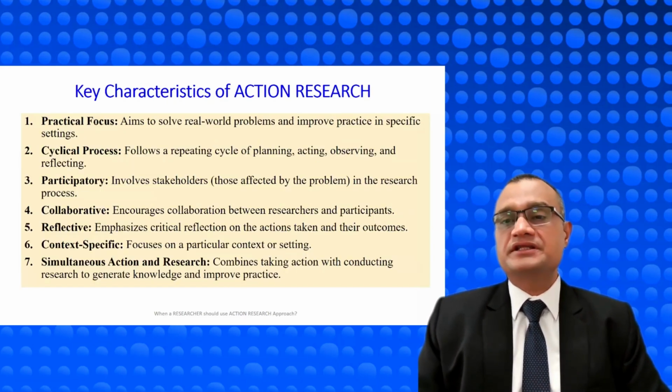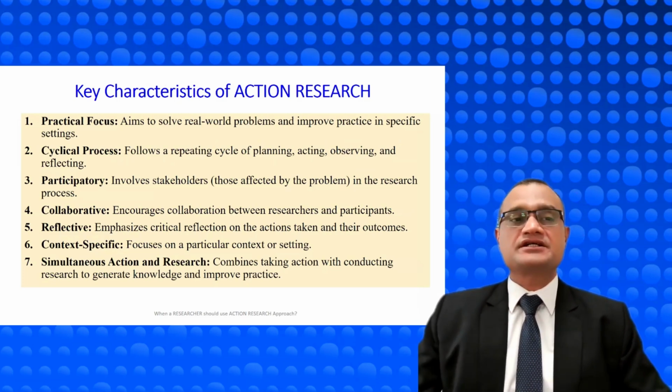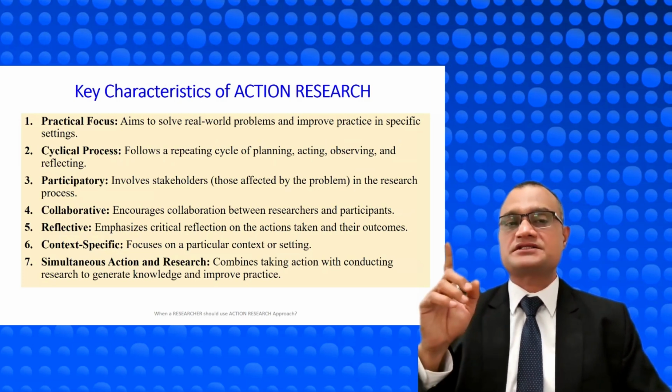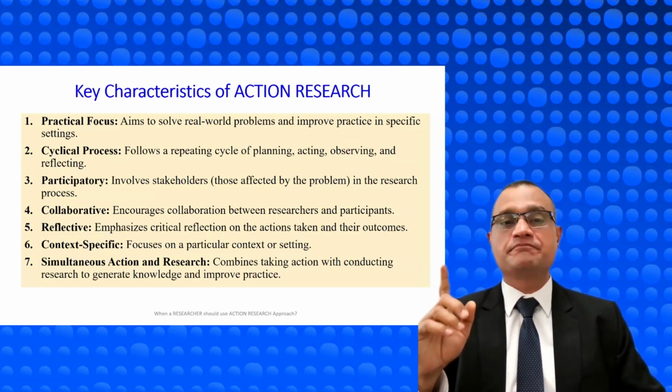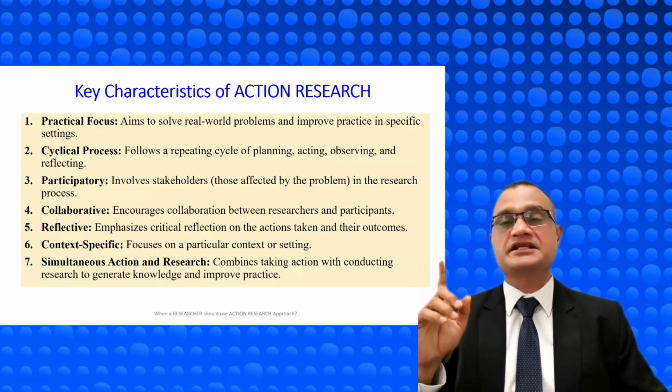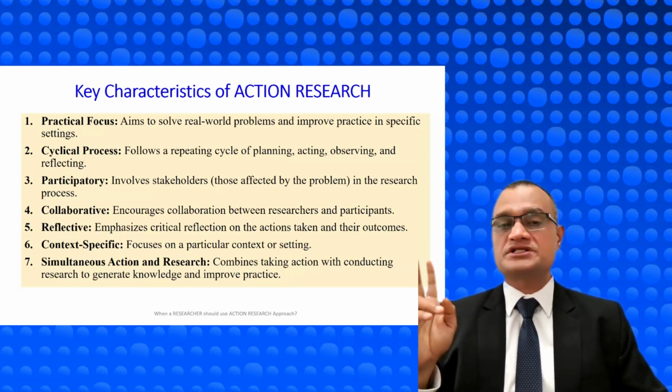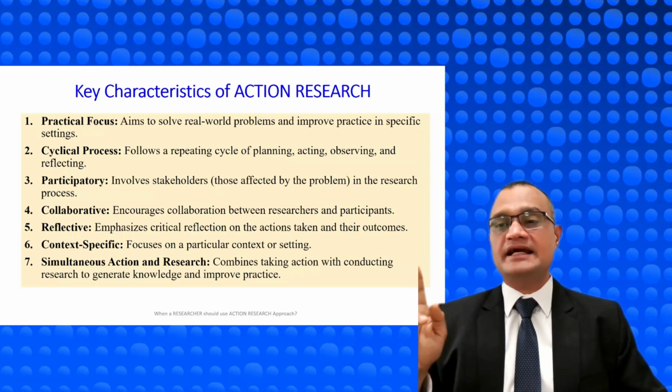Now, if we look at the key characteristics of action research, number one, it has a practical focus, aiming to solve real-world problems and improve practices in the natural setting. Number two, it is a cyclic process, following a repeating cycle of planning, acting, observing, and reflecting.